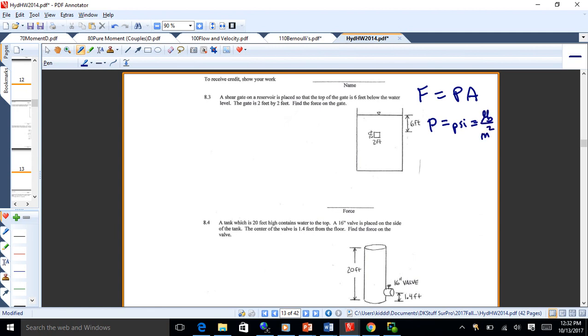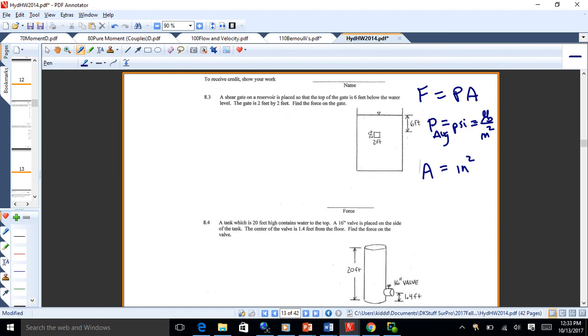Per means a fraction, something that goes underneath a fraction line. So being as you're doing pounds per square inch, you're going to want your area in square inches. And then that pressure should be the average pressure, which is at the average depth.